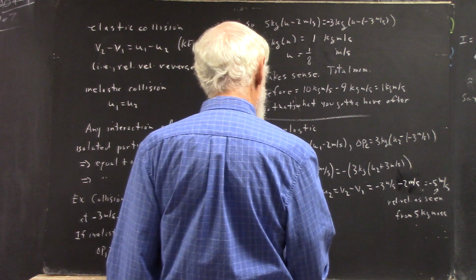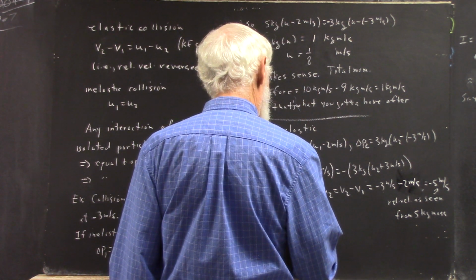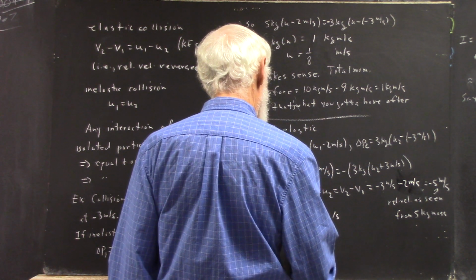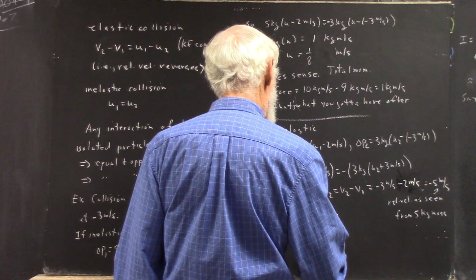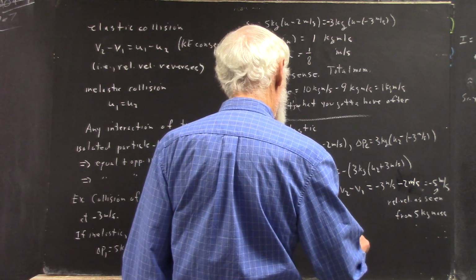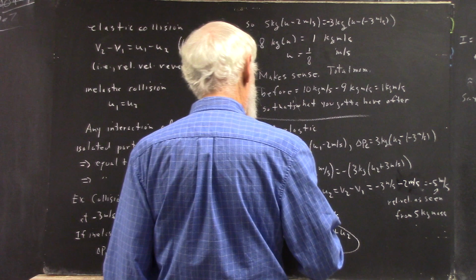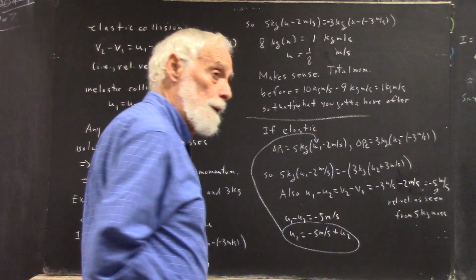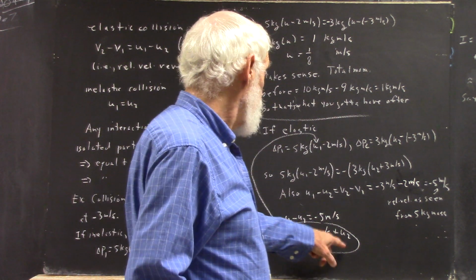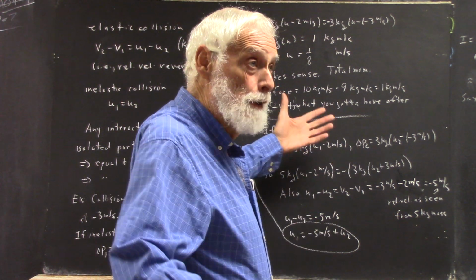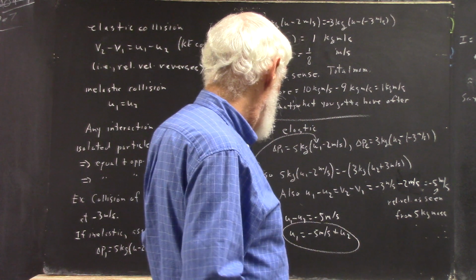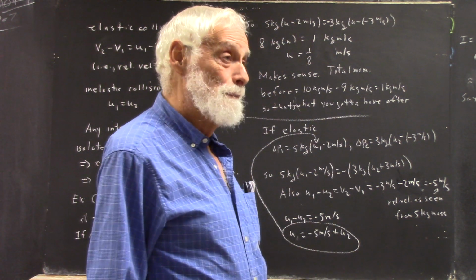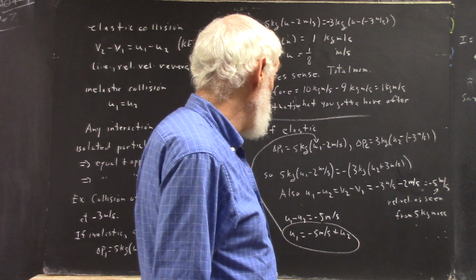Okay, so U1, we take this up here and we replace U1. Now we just have an equation in U2. U2 is the only quantity that's still a variable in this equation.